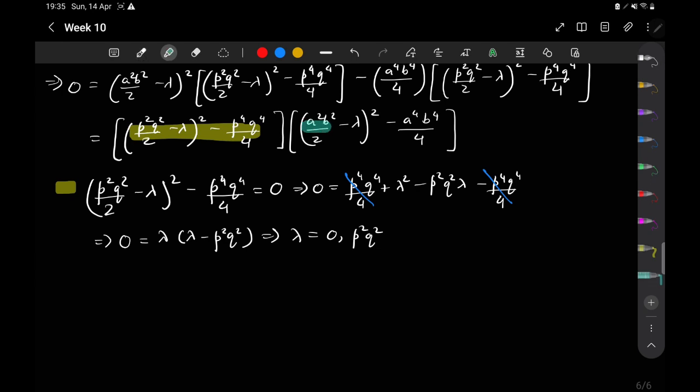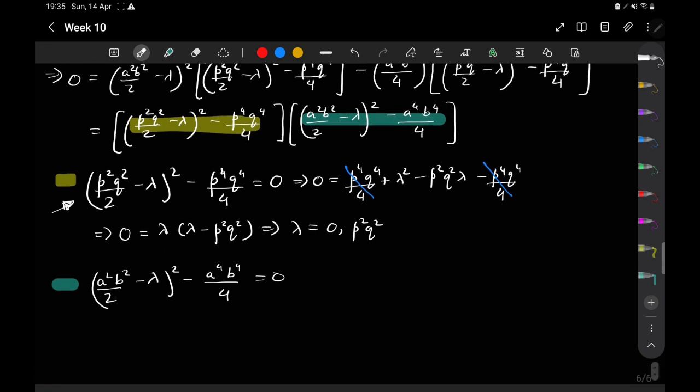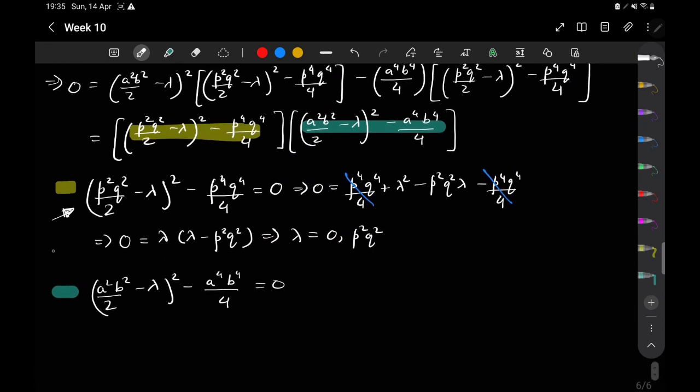Now let us look at this second term going to 0. And this is mathematically identical to this part, just that p is replaced with a and q with b. So if p goes to a and q goes to b, then from here you come to this term.